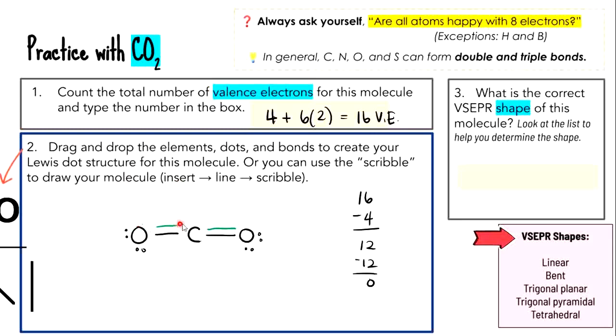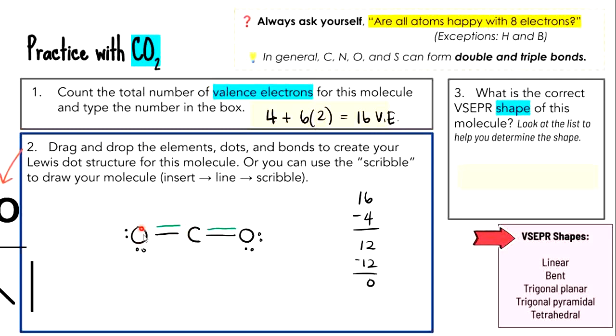So now let's count it again. Does this oxygen have 8? Yes, it does. Does this carbon have 8 electrons? Yes, it does. 2, 4, 6, 8. Does this atom have 8 electrons? Yes, it does. So this carbon has 2 double bonds.